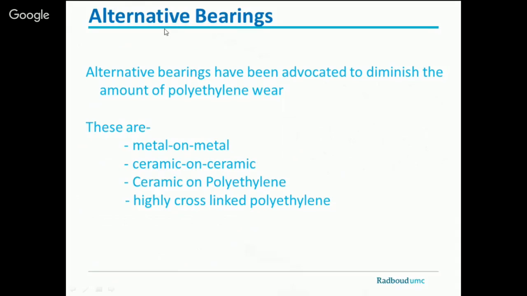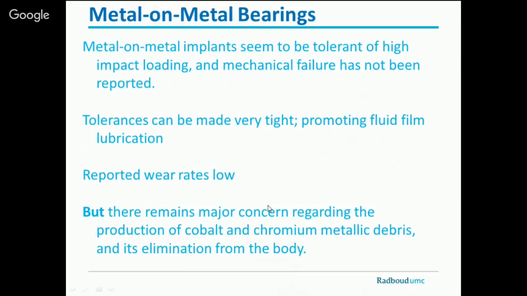We have alternative bearings nowadays because we know that polyethylene wears. It's a very nice material, but it does wear, as we've seen before. So we can have metal-on-metal bearings, ceramic on ceramic, ceramic on polyethylene, and we have invented a better cross-linked polyethylene, a better plastic.